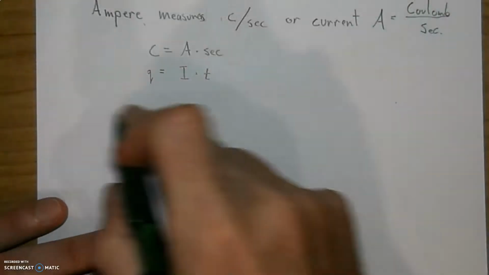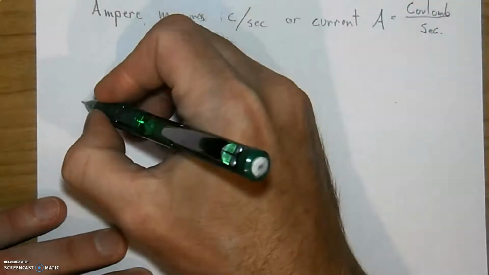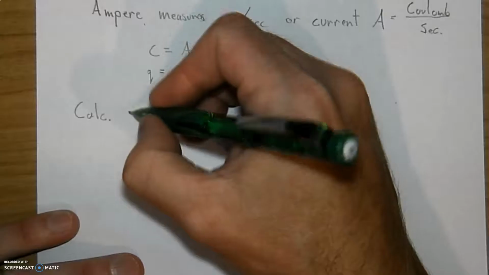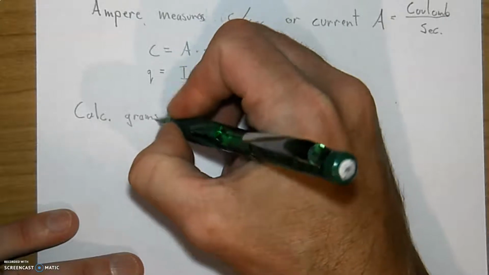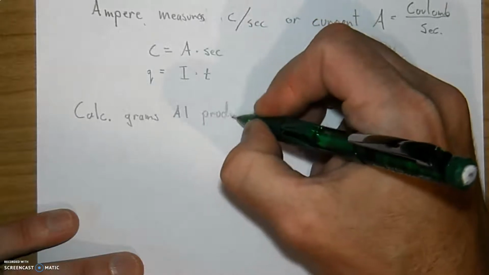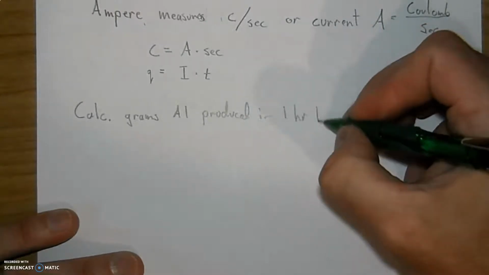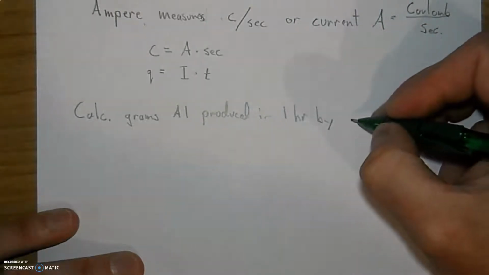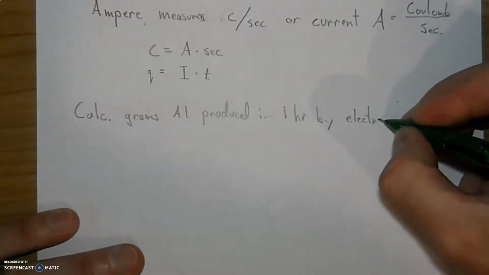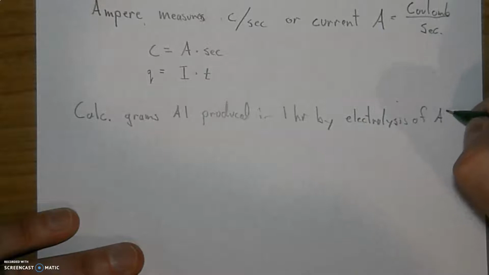All right, so we're going to utilize this information that we just wrote down to do a little problem. And this is a whole different type of problem about pushing a non-spontaneous reaction through. We want to calculate the grams of aluminum produced in 1 hour, take note of that, 1 hour, by electrolysis of aluminum chloride.